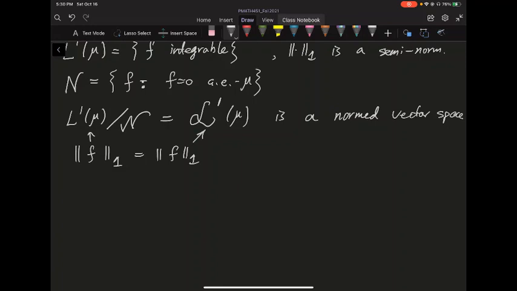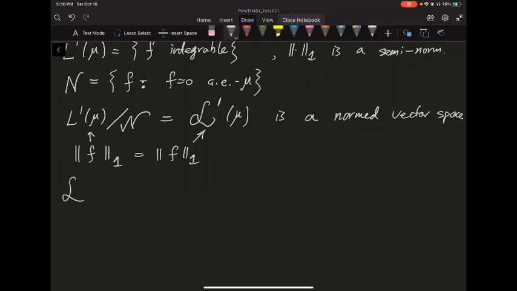Well, now we're happy, we have a normed vector space. So what's next? If it's a normed vector space, sometimes we like to ask whether this normed vector space is complete. Because if it's complete, then every Cauchy sequence converges to something inside this L1. This is the next big theorem we're going to show.